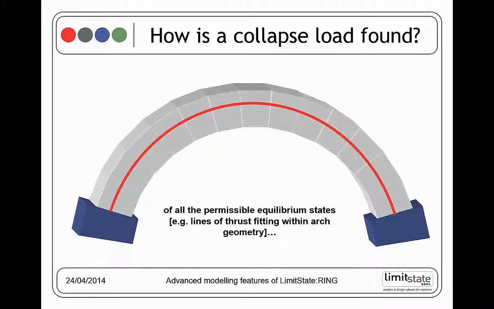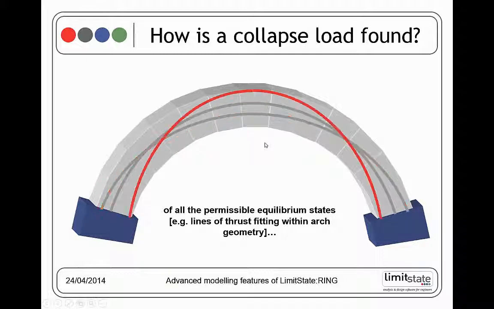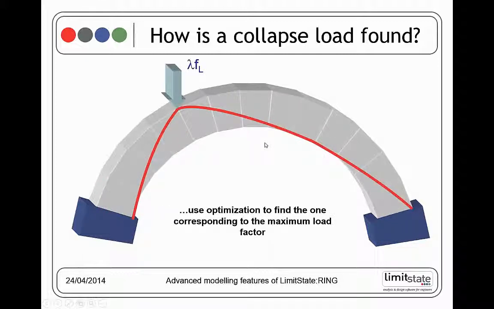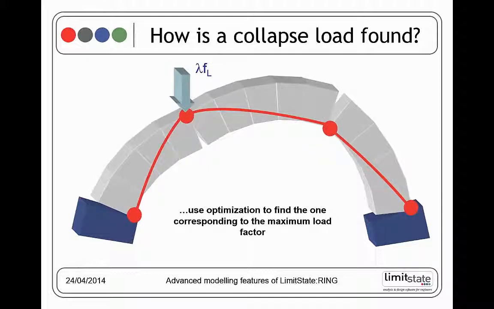So considering the latter, how do we find the collapse load? Well, of all the permissible equilibrium states or lines of thrust fitting within the arch geometry, we can use optimization to find the one that corresponds to the maximum load factor. And that's basically what the software does.